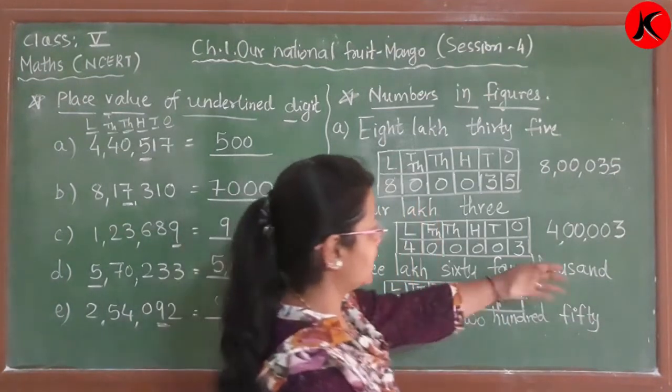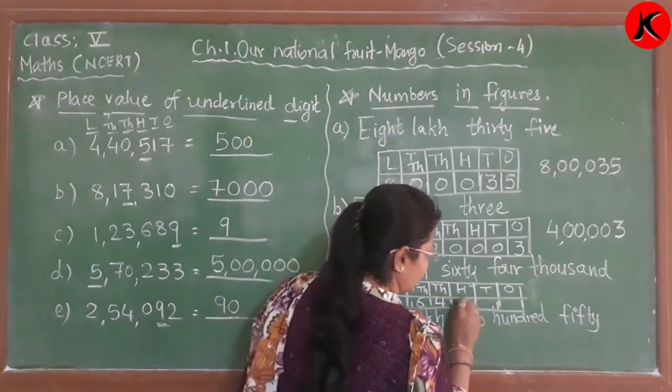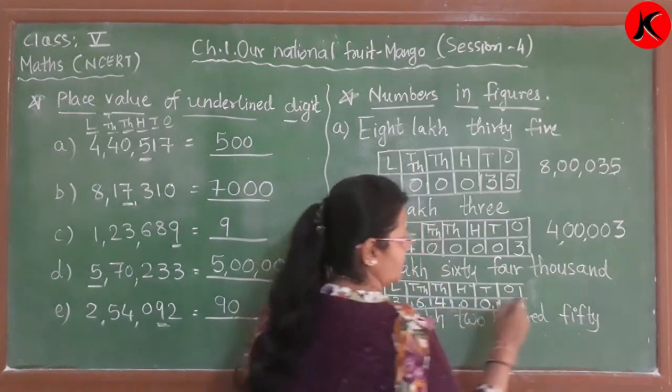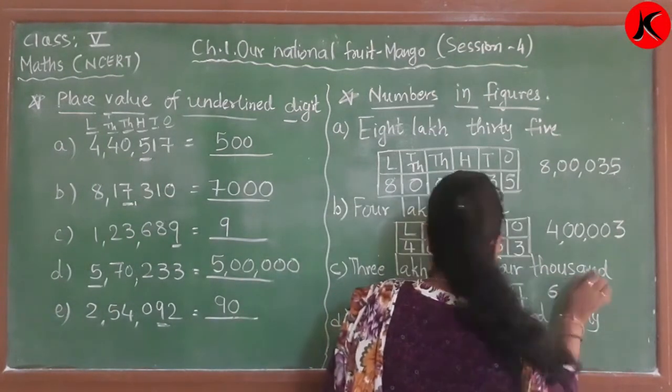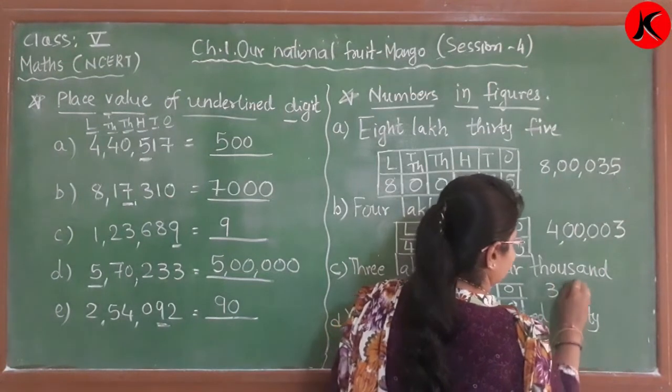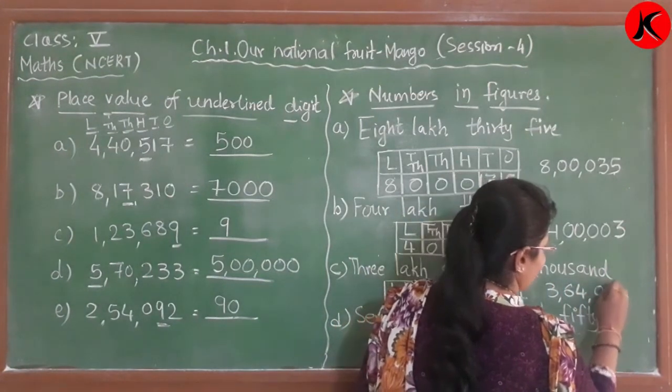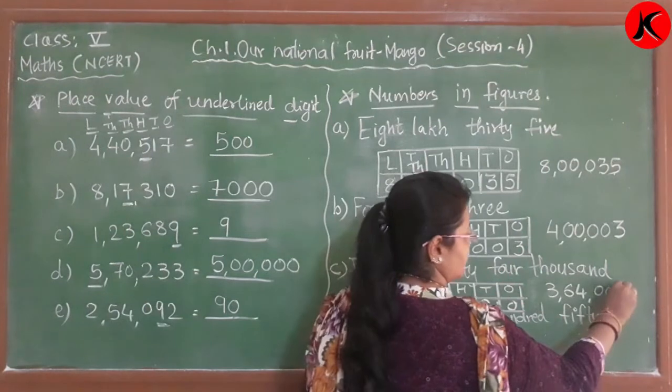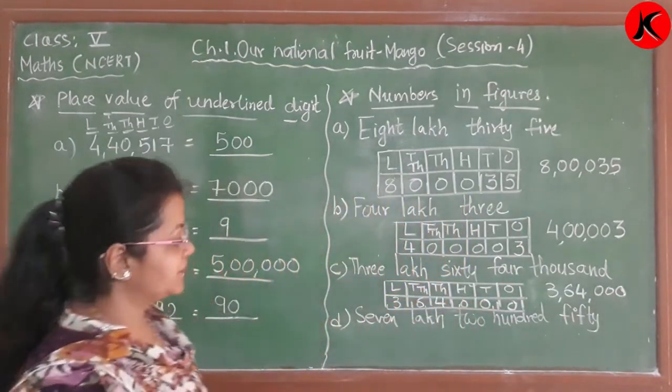Nothing else, right? So after that we have to add 0. So what is the figure? 3 lakh 64,000.